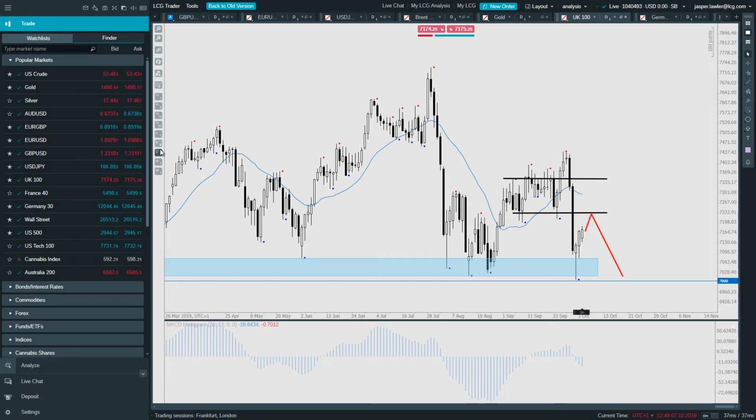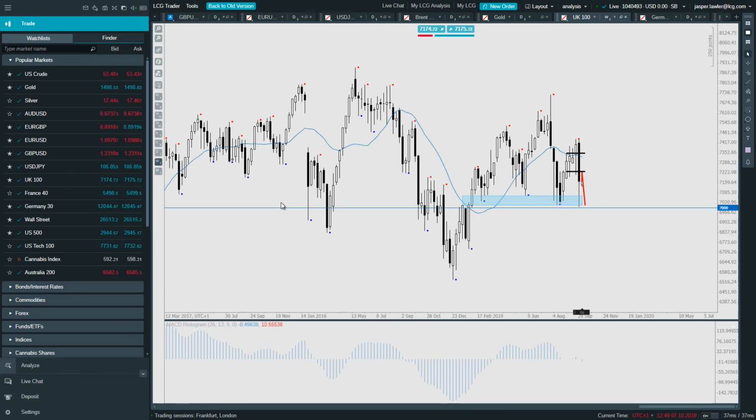If that doesn't work out, if you look at the weekly chart, you can see that we had a series of weekly closes through this kind of level, and then eventually saw a big breakdown through it.